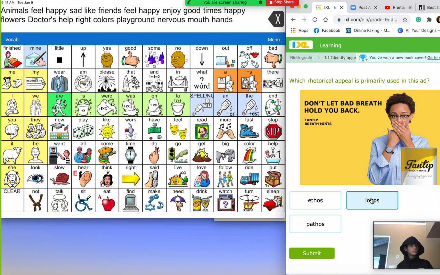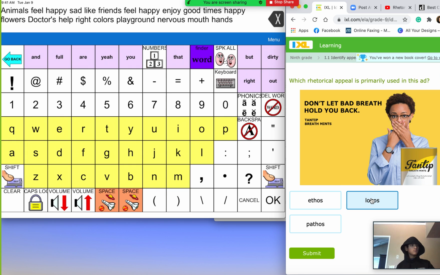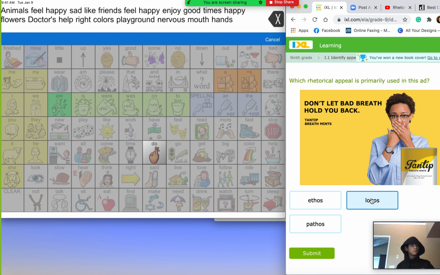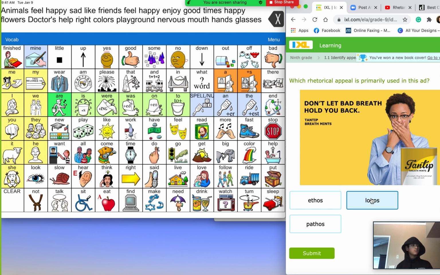We know it's here, but we can always use our finder and go find glasses. Let's see where they are. Oh, right, there they are. So that's where all of our accessories are, sort of like you'd wear a ring on your finger. That's how we could remember it, right?